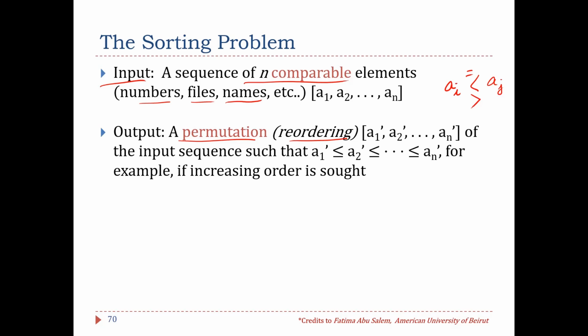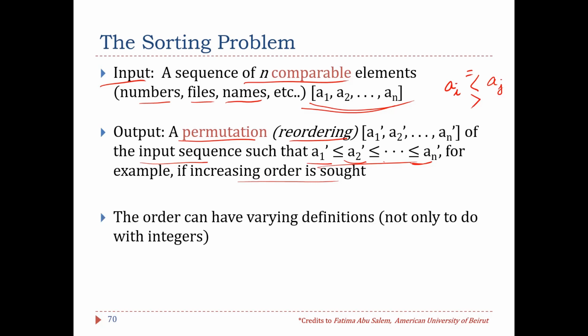They would become A prime 1, A prime 2, and so on and so forth, which is a certain permutation of the input sequence, such that A prime 1 is equal to one of those AIs, but simply it's less than or equal to A prime 2, which is also equal to one of those values, a different value, and so on and so forth, which is less than or equal to A prime n, which is equal to the last value that is different than all the previous values, or simply was not considered earlier, for example, in this form when increasing order is sought.